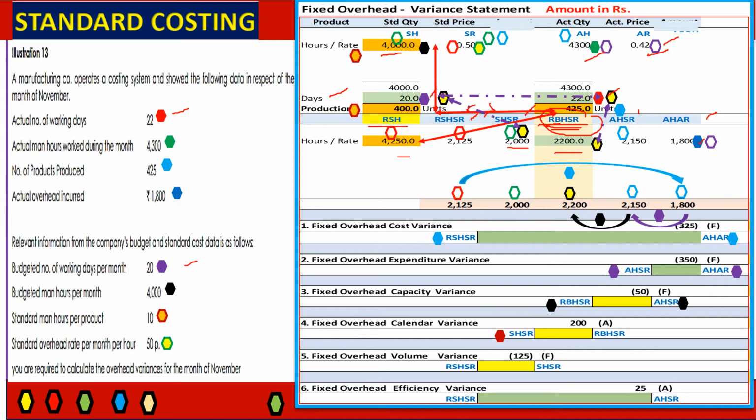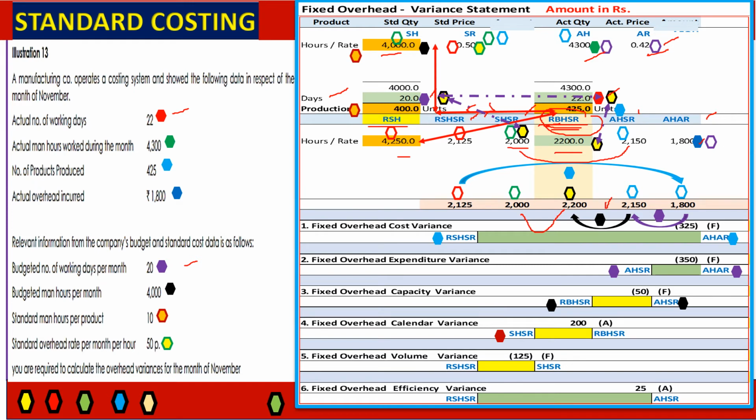Then fixed overhead calendar. This is the one which we are creating now. Otherwise, it would have been straight from AHSR to RSHSR. Since we brought this in between, the capacity is split into capacity, one part, and second part is called calendar.